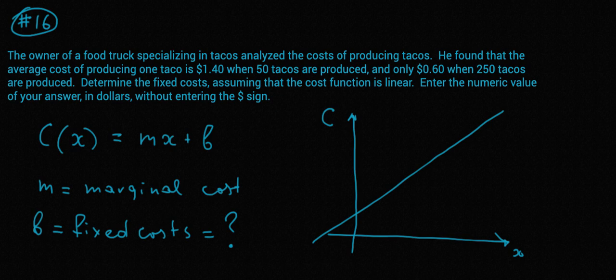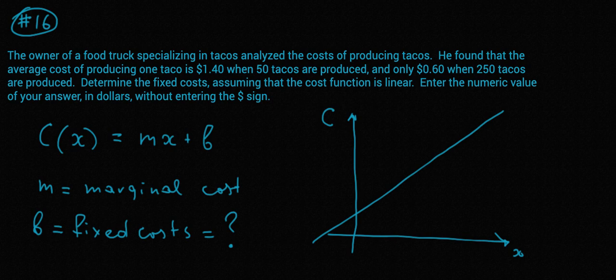It deals with the average cost per taco. However, it is quite easy to calculate the total cost for each of the levels of production, given the average cost per taco and the number of tacos produced.